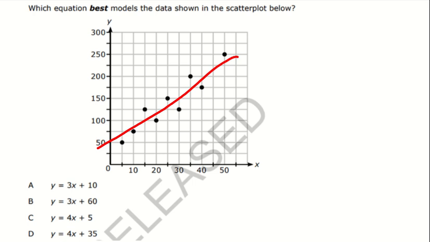All right, 55 we're saying. Do any of those answer choices have 55 as a y-intercept? No. But we can probably eliminate those two for sure, can't we? And really, we can probably eliminate D even too, can't we? So sometimes making the line fit can be enough, okay?